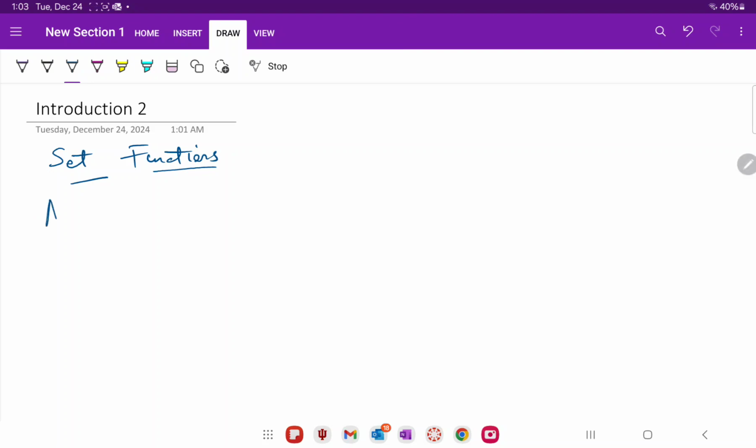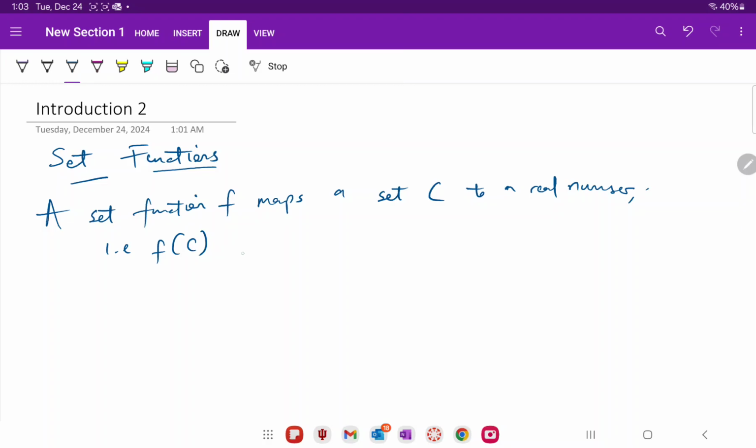Formally, a set function, not in calculus now but in statistics, f maps a set C, which is our sample, to a real number, that is, f of C is a real number.